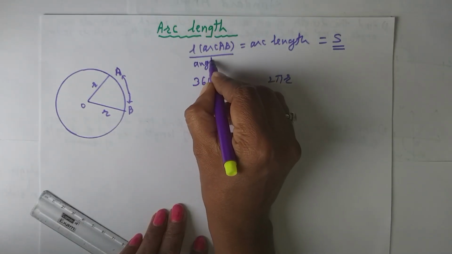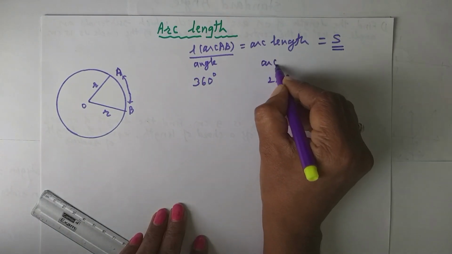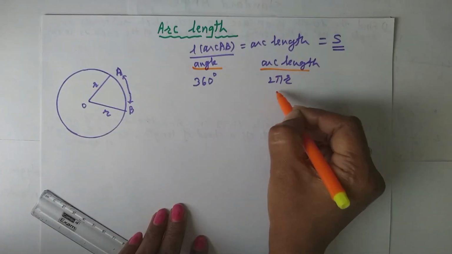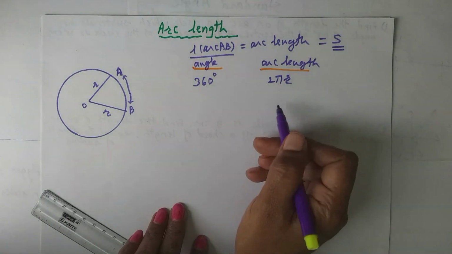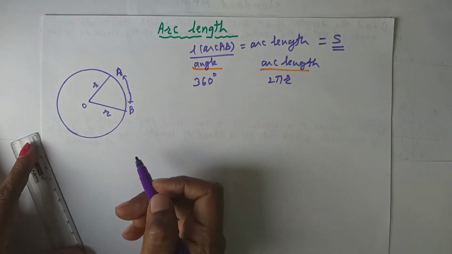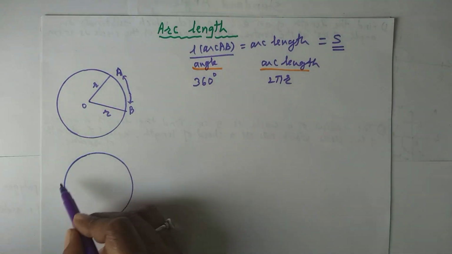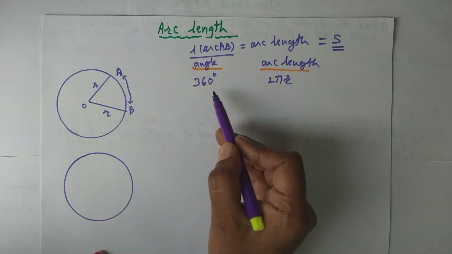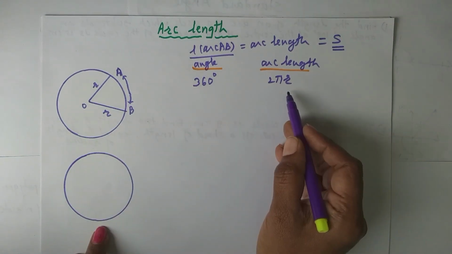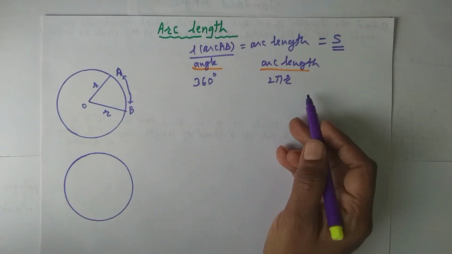Here, this is the angle and this is the arc length. See here, if the angle is 360 degrees, then the arc length is 2 pi r, that is the circumference of the circle.